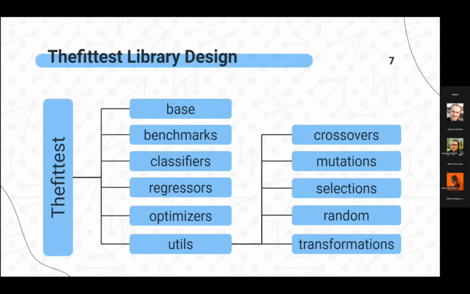And finally, the utils module acts as a support toolkit. It contains operators for crossover, mutation, and selection, methods for generating random data, as well as functions for scaling and normalizing data and calculating metrics. This module simplifies and automates many aspects of working with evolutionary algorithms.